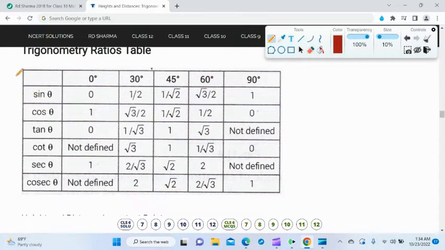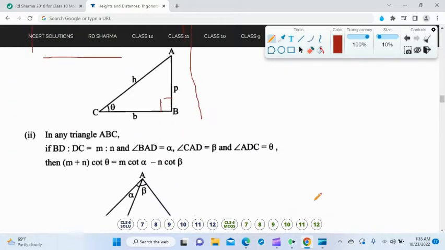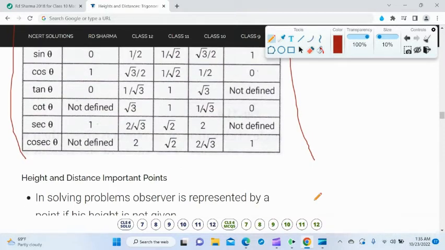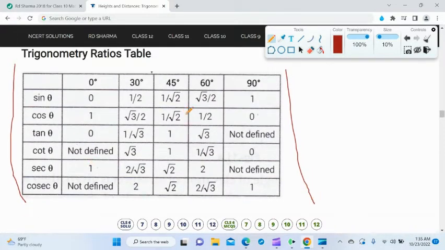Also, we have to remember these basic values. There could be a lot of values, but at least these we have to remember, because most exams will ask for angles from these only, since they are very easy to remember and very common. For example, what is the value at 0 degree?